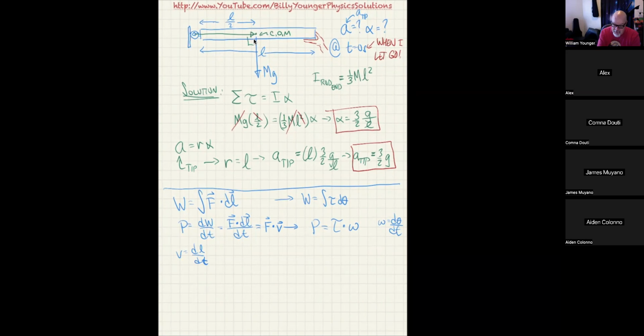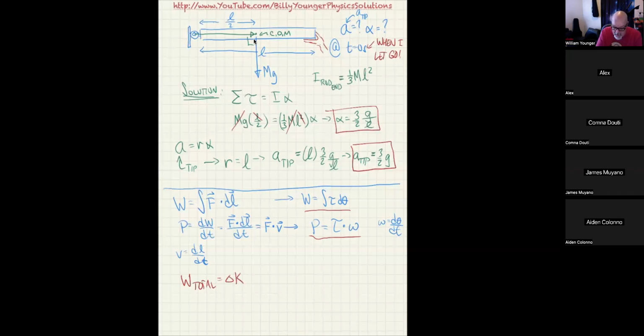Now, if you play with these a little bit, you can, for instance, calculate sort of the equivalent of a work energy theorem. And of course, the work energy theorem said that the total work was equal to the change in kinetic energy.